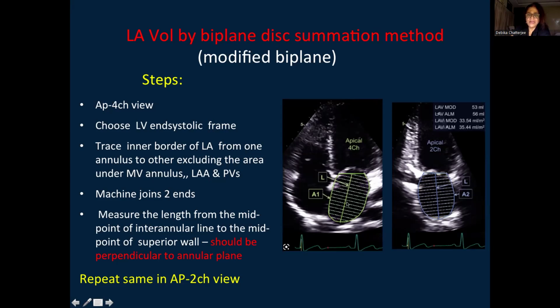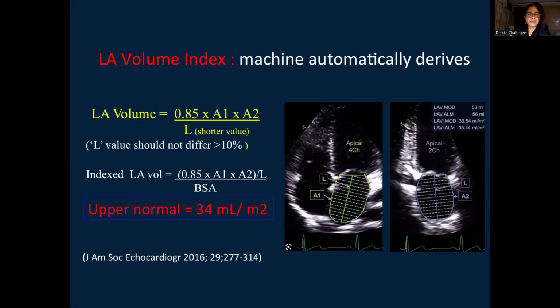Now the machine utilizes this formula: 0.85 times area 1 times area 2 divided by L. Out of these 2 L values, the shorter is taken, and we should be careful while measuring the length L, because the difference between the two L values should not be more than 10%.